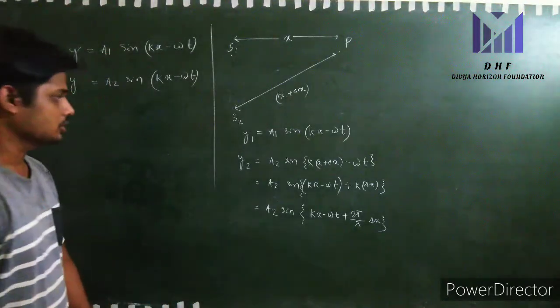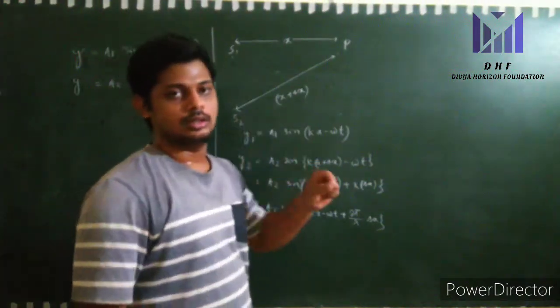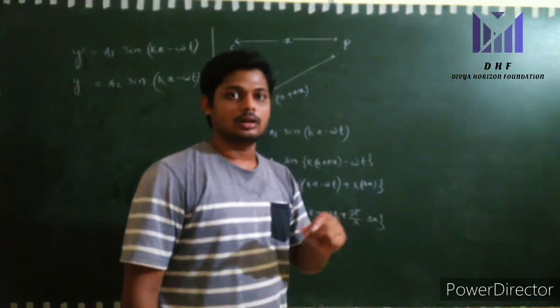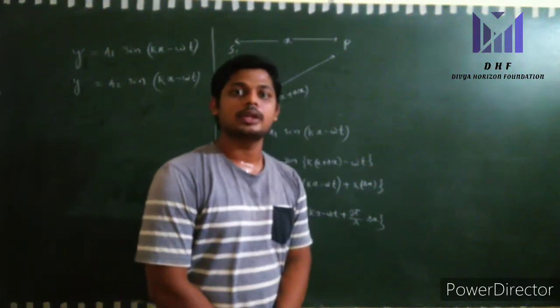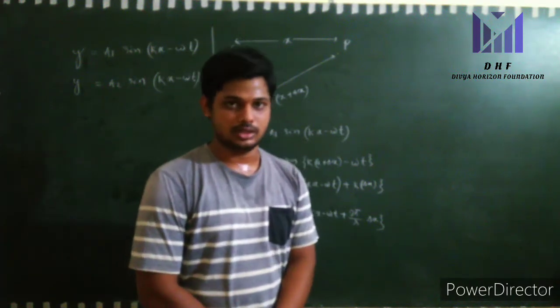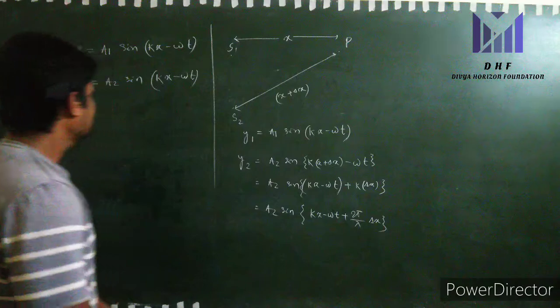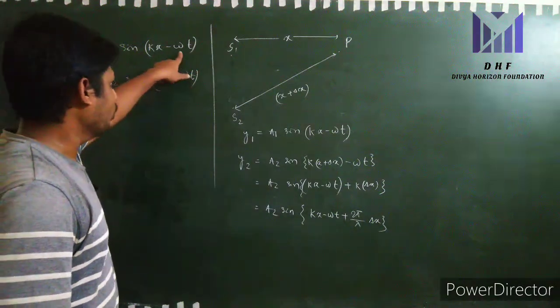So let us consider the second light source is emanating or propagating a light wave having a frequency varying from minus delta to plus delta. So the frequency of the first source is given by omega.